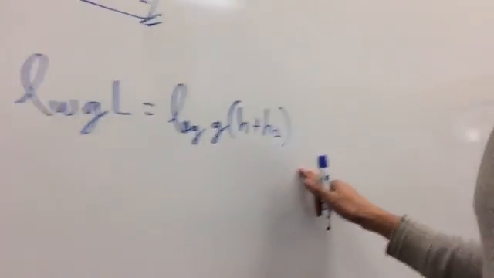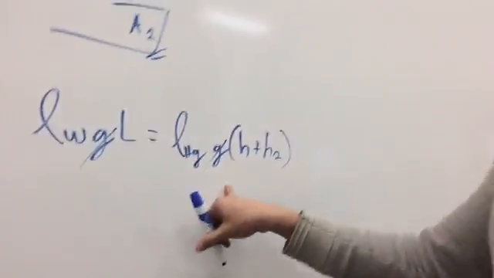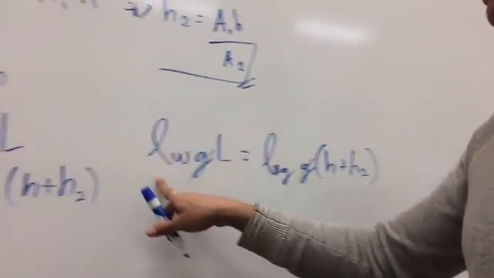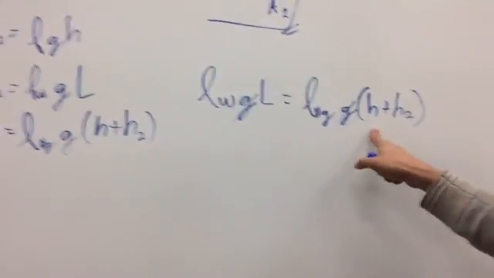As we can see, we have gravity on both sides. We cancel it. And now we can use this simple equation to get H.